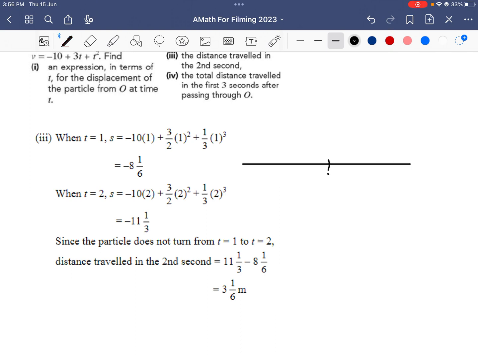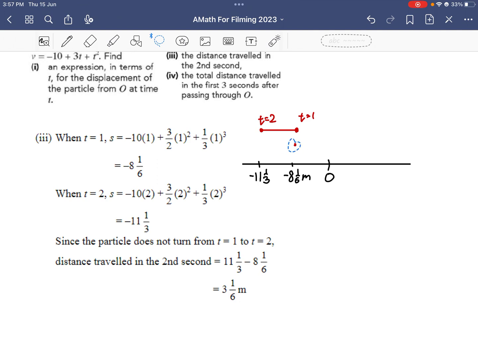If you were to draw the diagram, at t equals 1 the particle is at negative 8 and 1/6 meters. At t equals 2 it is at negative 11 and 1/3. So the particle at t equals 1 is here, then it continues moving until it reaches negative 11 and 1/3, which is at t equals 2.